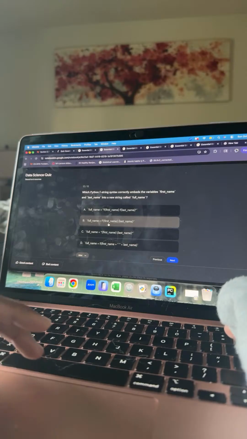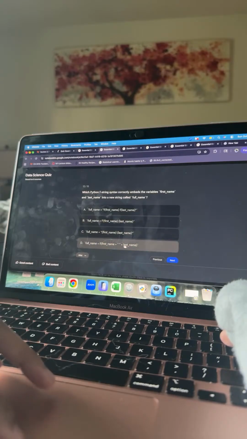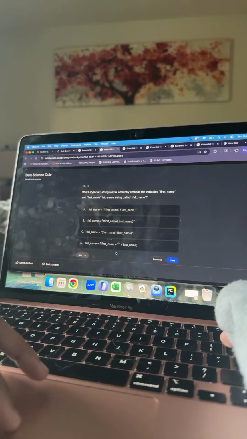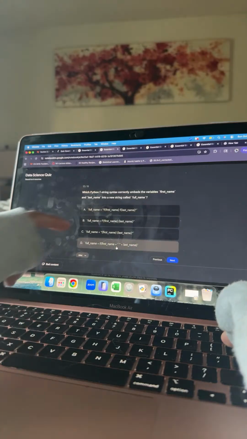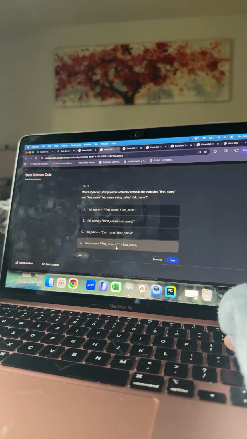So you have f, apostrophe, first name, last name, right? This space looks good here, but I'm not sure, because I remember there was an apostrophe for F, but that could have been something else.